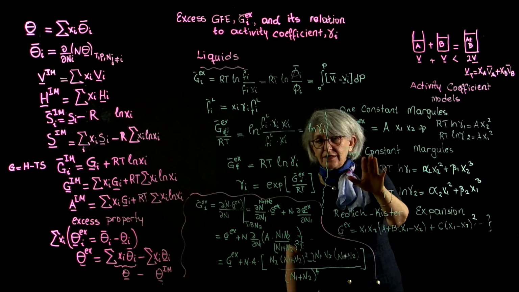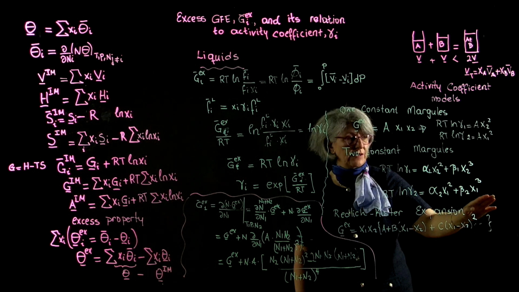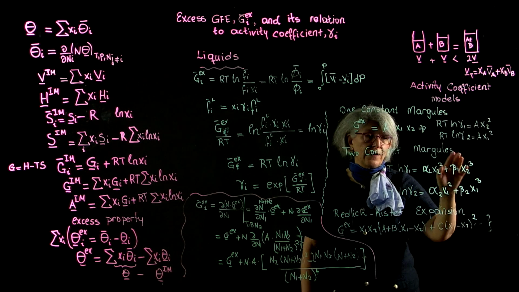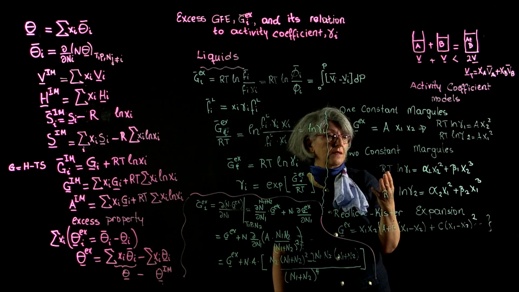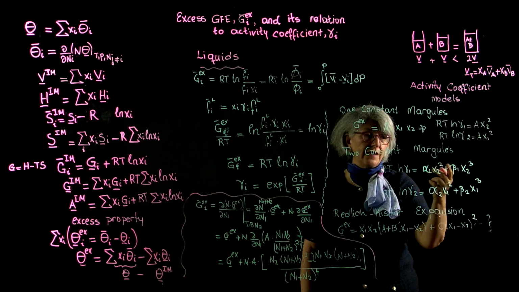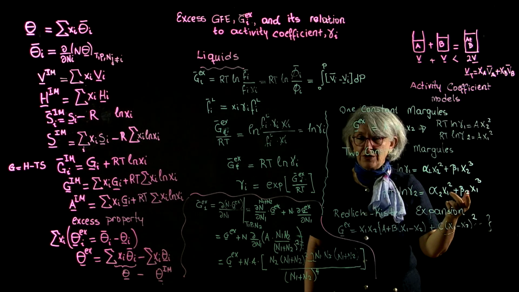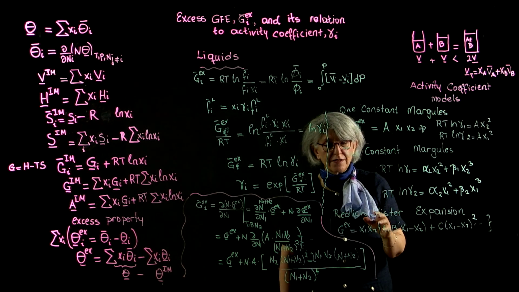So for that, I put on the screen the two constant Margules activity coefficient relationship. So we have, in fact, 4 constants, 2 for each. We have alpha 1, beta 1, alpha 2, beta 2, which are dependent on 2 different constants.